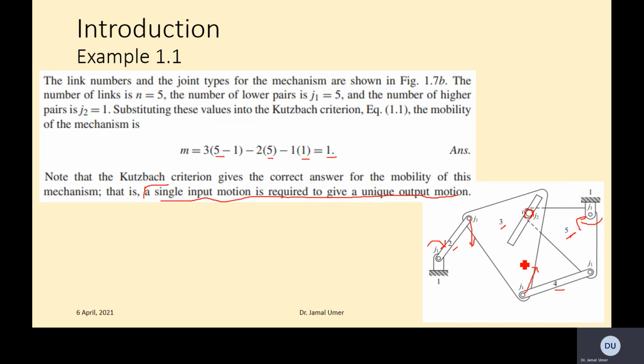It will still do the same movement. Whether I do movement from here, or from here, or anywhere actually, I am getting the same movement. That's why it is called a single input motion, which is well enough to explain such a mechanism.